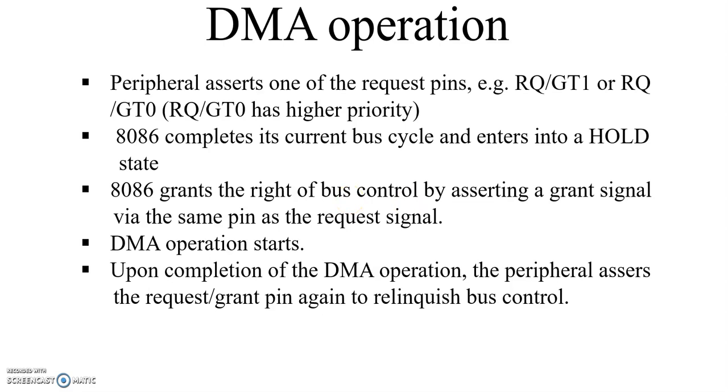After completing the data transfer, when the count is exhausted, at the end of the program it may send an interrupt request and release the address and data bus so that the processor becomes the master of the bus. So these are all the DMA operations.